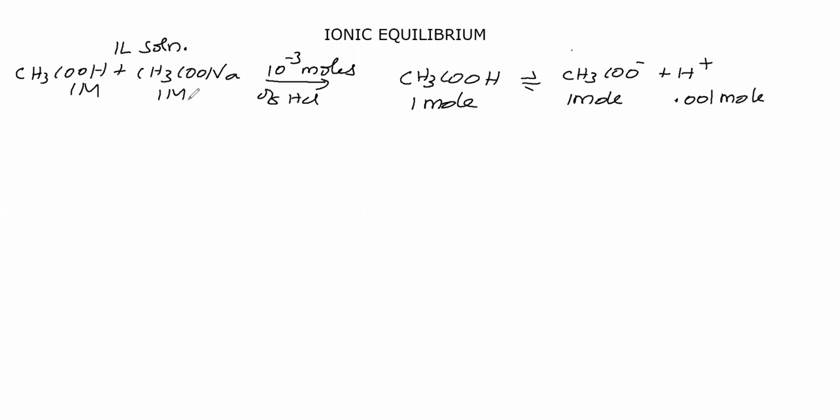Some change will be there, but not like normal solutions. So now we will see how the pH changes in a buffer solution and how the pH changes in normal solutions. Both we will see. Then why have we given the name buffer solution? Why do we say the definition of a buffer solution is that it resists the change in pH, that is, it keeps the pH the same? Why do we say that? That we will see. Okay.